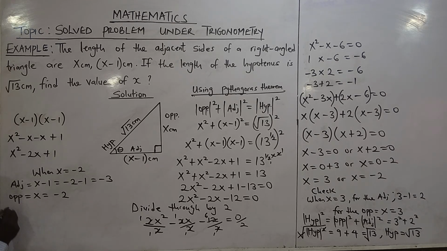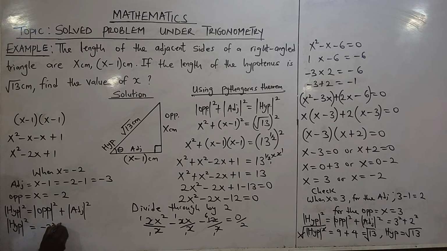Now let's check: hypotenuse squared equals opposite squared plus adjacent squared. What's our opposite?